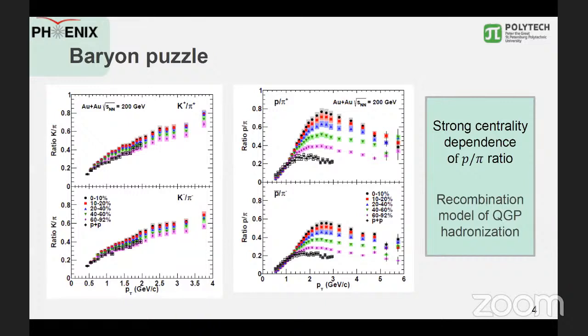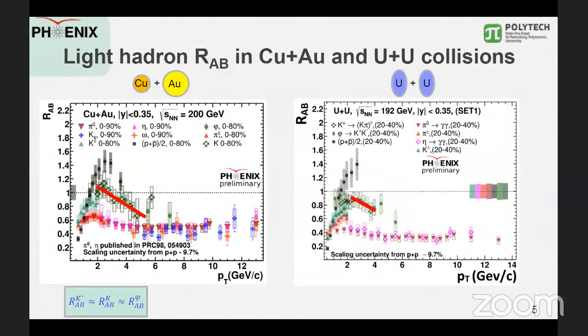So a systematic study of different heavy ion collision systems can provide experimental support to recombination model calculations and help to study features of baryon and meson production versus collision geometry and system size. So that's all for the baryon puzzle.